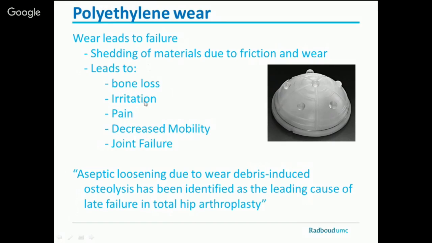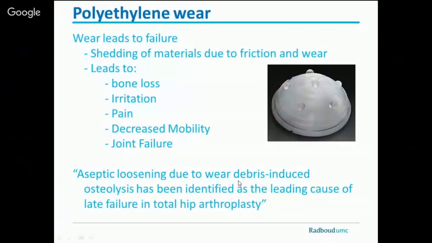It gives irritation, it gives pain, decreased mobility, and it can lead to joint failure. And aseptic loosening of these implants due to wear debris induced by osteolysis has been identified as the leading cause of late failure in total hip arthroplasty. So we really need to do something about it, and that's also why companies design these other bearing alternatives.